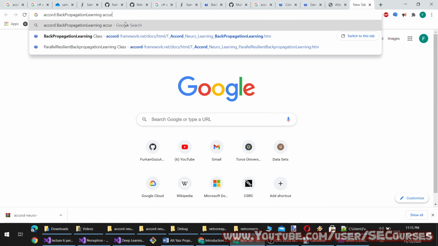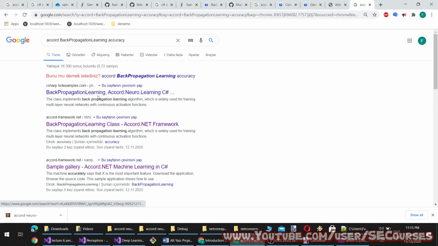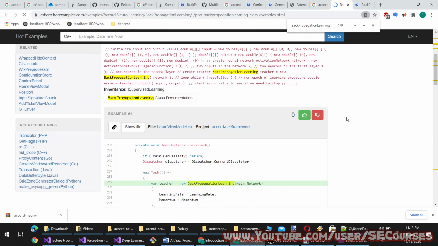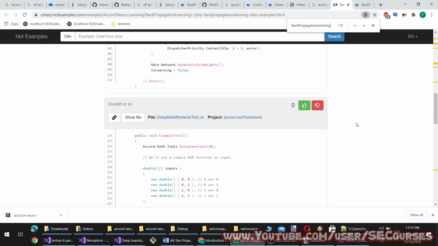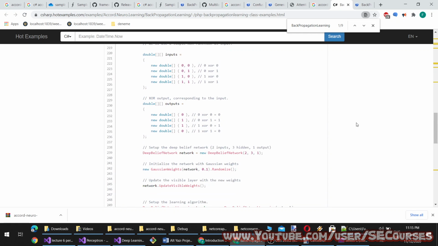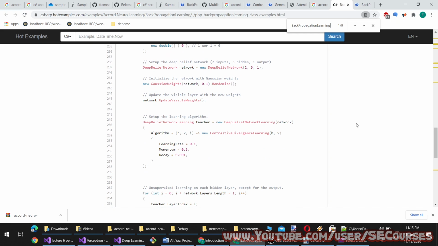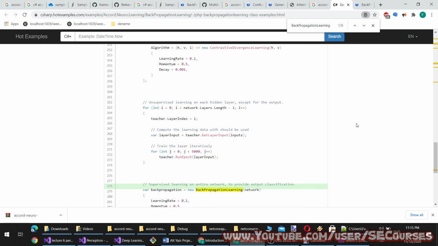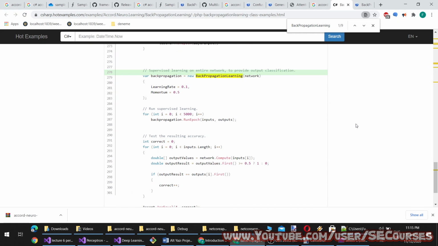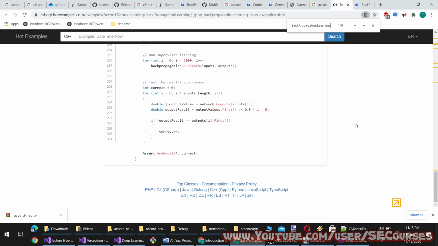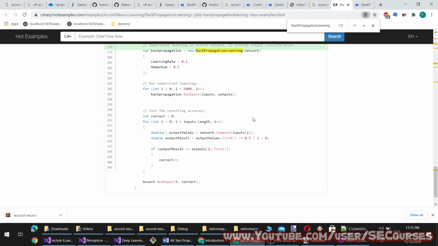Propagation learning accuracy. Okay, so this is the way of testing accuracy.